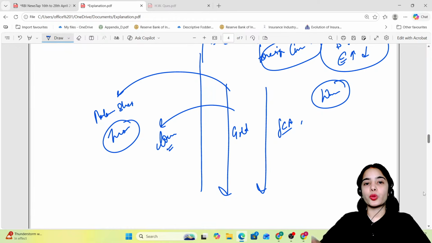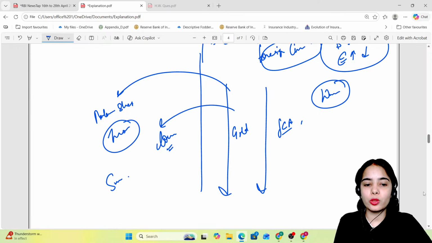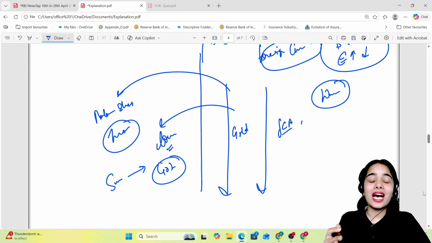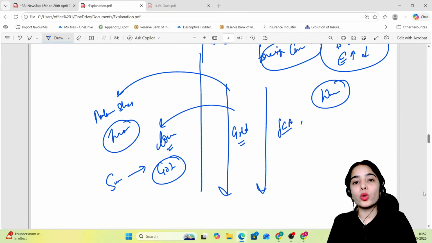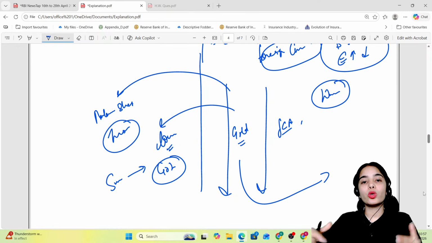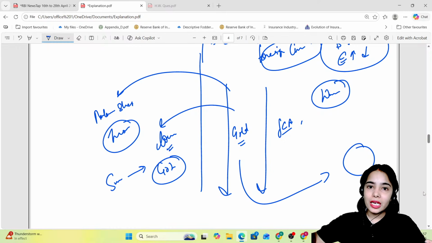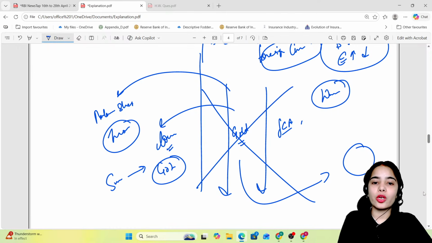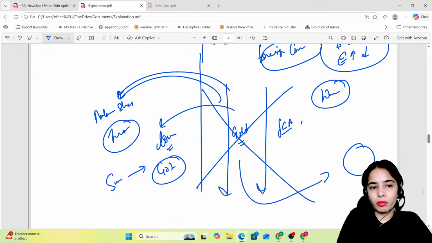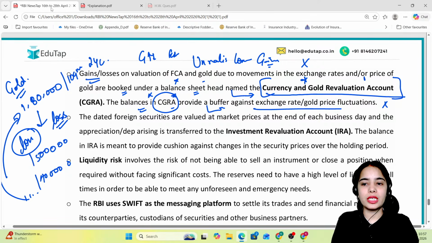RBI would not be able to transfer the surplus to the Government of India because of those huge losses. And RBI is not selling the gold right now. RBI will sell gold after 5 or 10 years, let's say, and at that time the gold prices may be very high. So that's why these are not recorded in the normal account. They are reported separately.